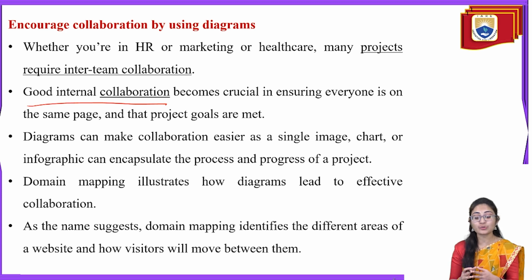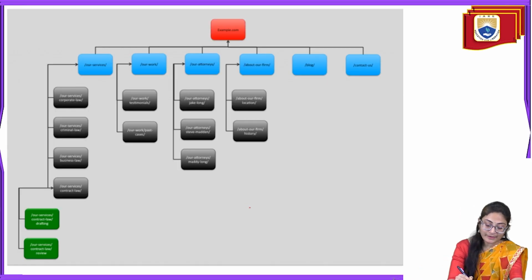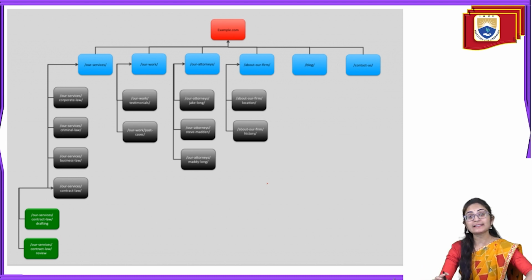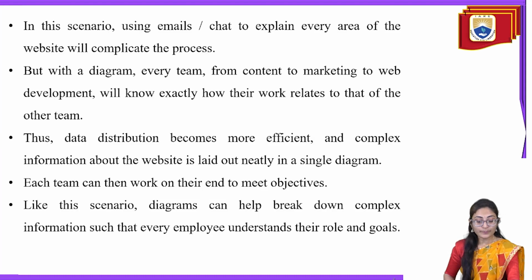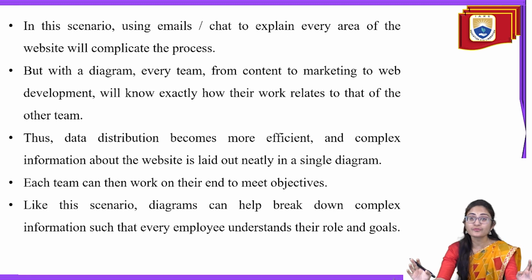Domain mapping illustrates how diagrams lead to effective collaboration. As the name suggests, domain mapping identifies the different areas of a website and how visitors will move between them. Now this is a diagram, and in this scenario, using emails or charts just to explain every area of the website would complicate the process.